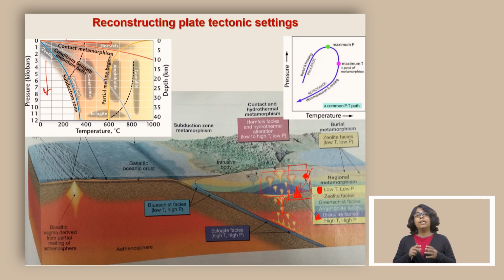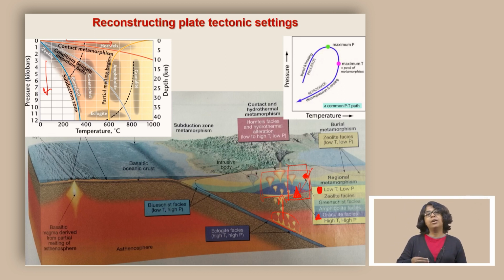If we want to dive in deeper and recreate the entire metamorphic history, even that is possible by looking at each individual mineral grain and reconstructing it using their compositional variation. There are certain types of minerals that form during metamorphism, but they do not stop growing; they actually grow over time as the metamorphism progresses.